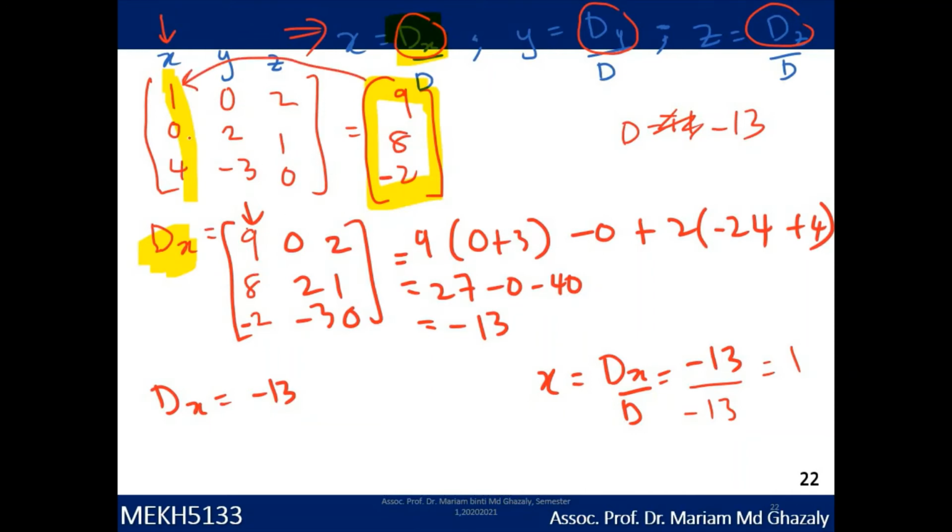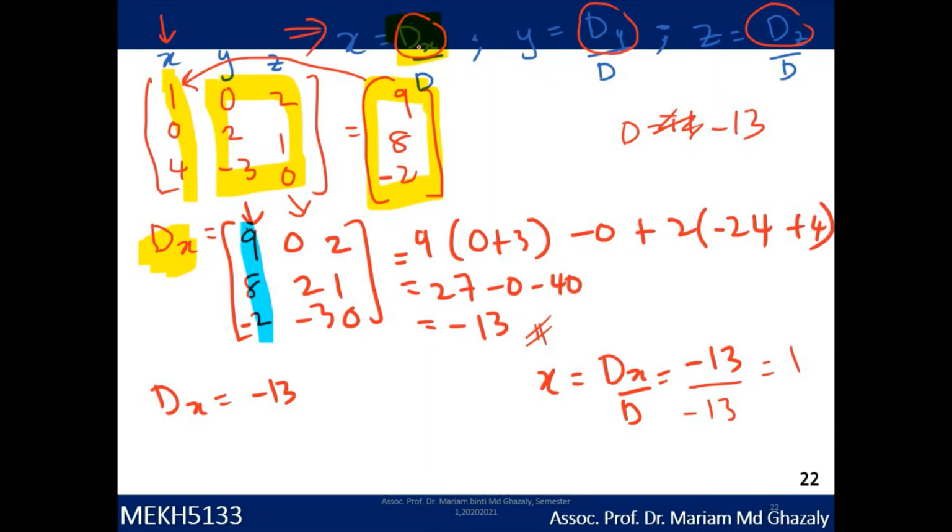That is why you have this equation 9, 8, 2, and the rest you copy from this part. So just copy it into this. From here, solve the equation similar to how you found the determinant. So you will get minus 13.